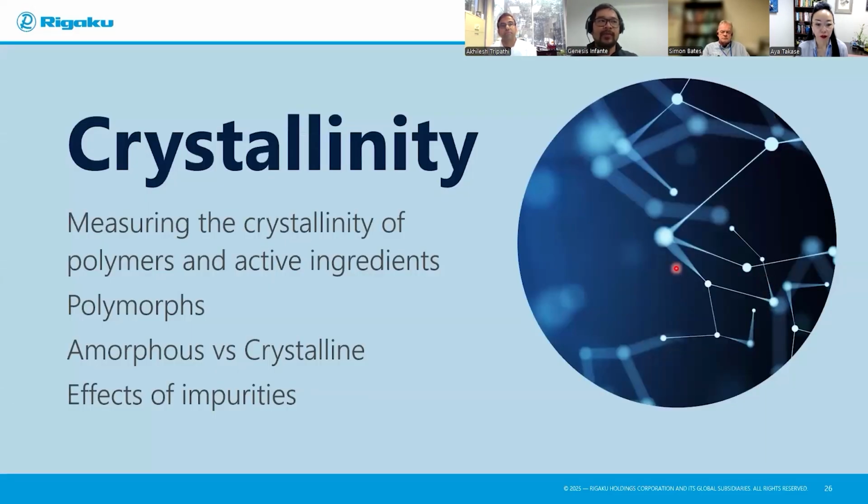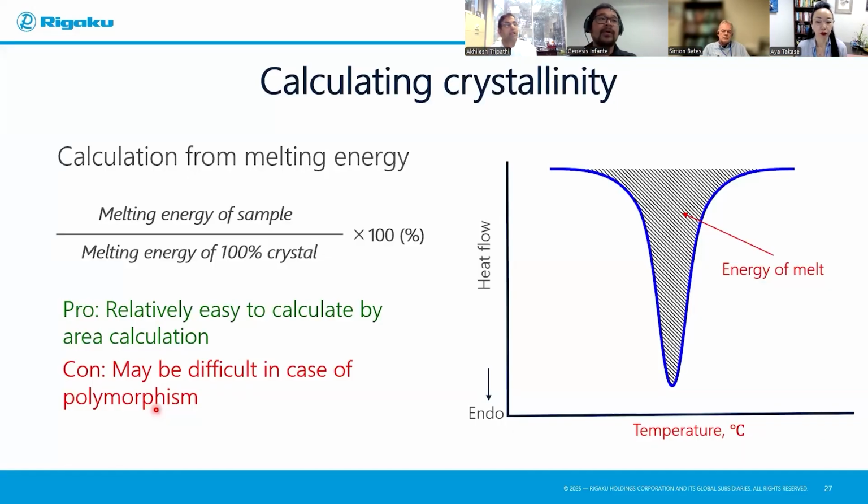From here on, I'll be covering examples that show how we can tackle crystallinity in pharmaceuticals, how polymorphs can come into play, comparing amorphous versus crystalline, and of course the effects of impurities. With DSC as a technique, as I mentioned earlier, you can quantify the energy flow associated with a particular event.